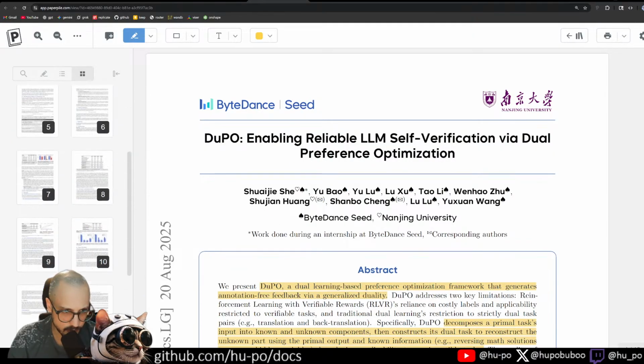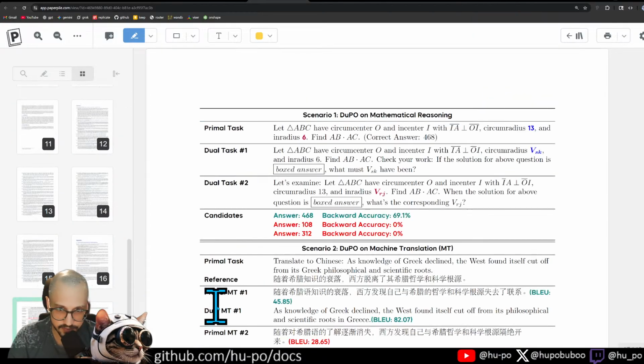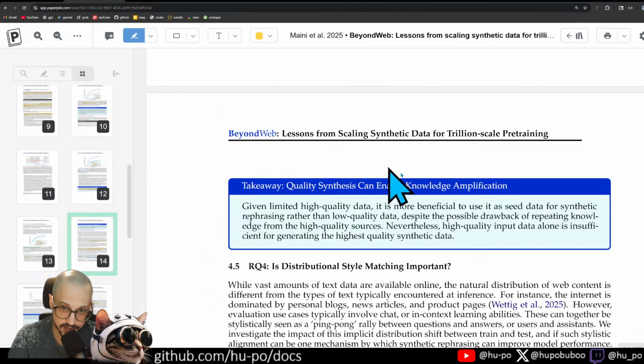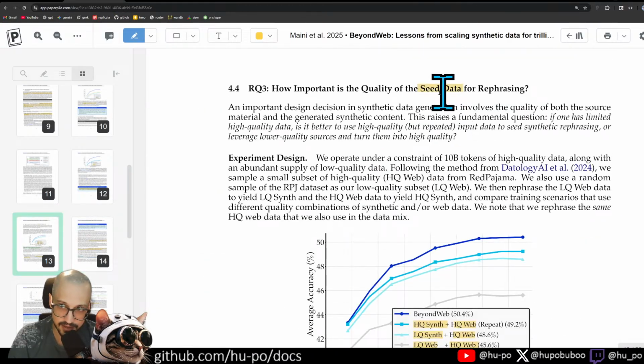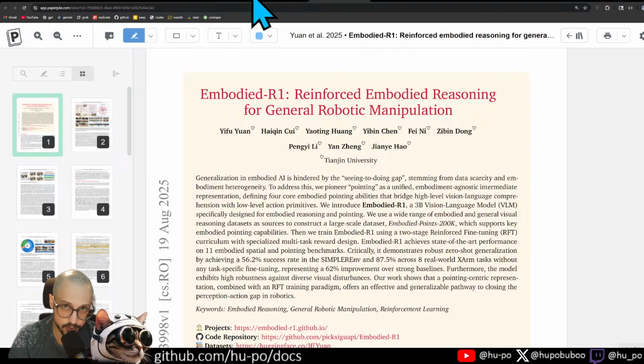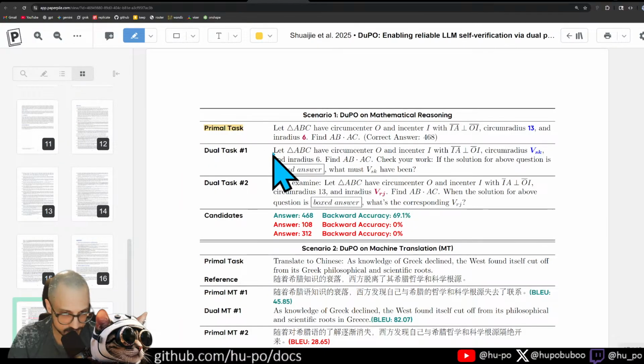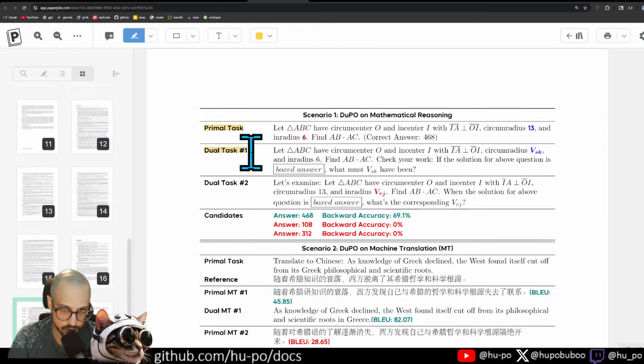So I think the best way to understand this paper is, for example, this figure right here, Dupo on mathematical reasoning. Here they call it primal task, but primal task is effectively the same as seed data, right? There's some original task that comes from some kind of math textbook, and then we're going to create a dual task 1 and dual task 2. Basically these are two different rephrasings of this primal task.